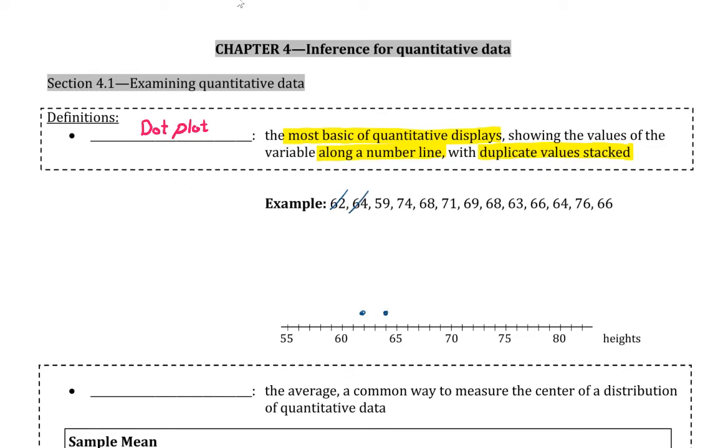Be consistent with the size of your dots, so don't put some dots really large. 59, 74, 68, 71, 69, 68. Notice that 68 is our first duplicate value, so we'll stack it above the previous 68.